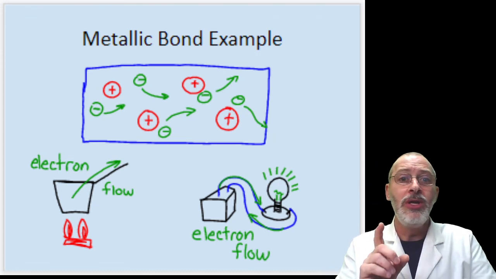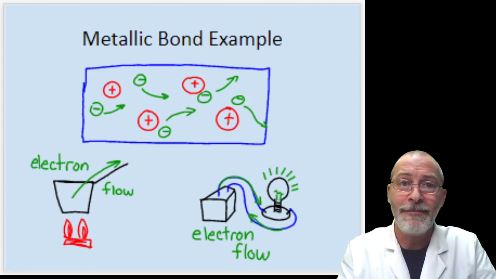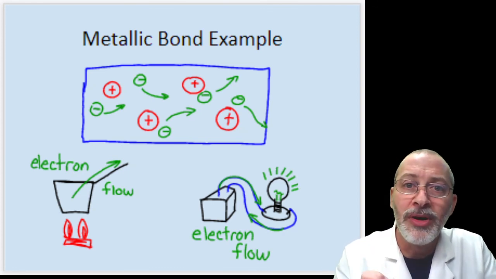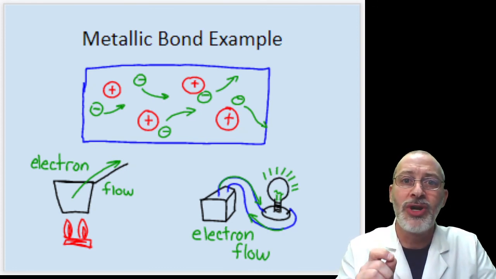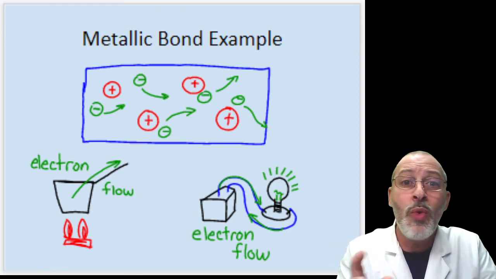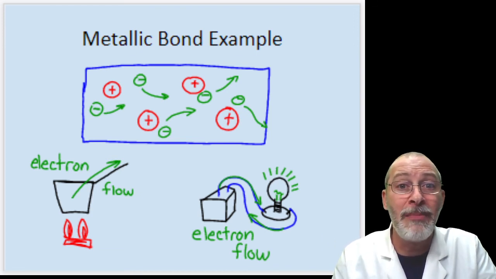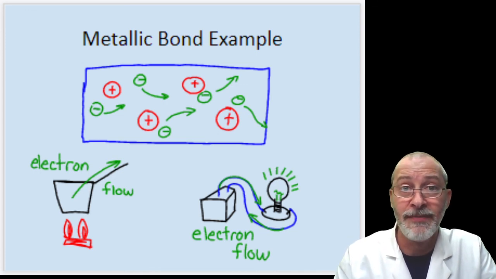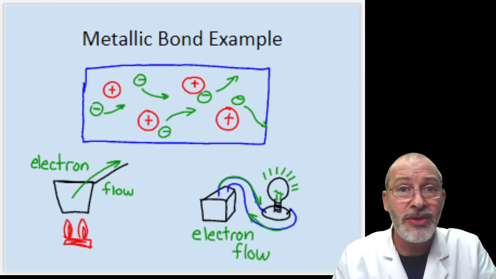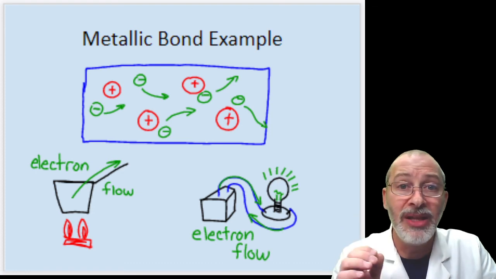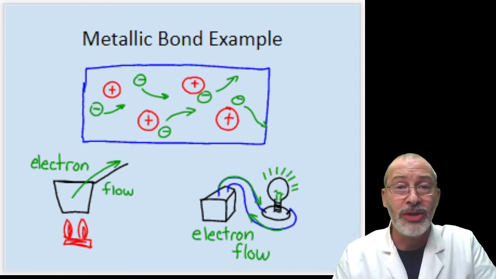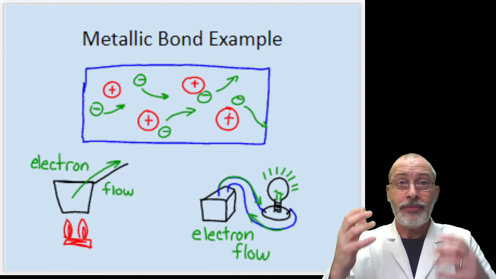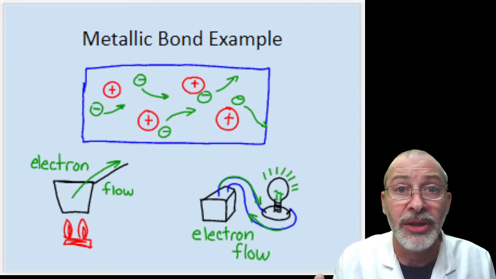I hope you've been able to see today how vitally important the valence electrons are in any one of these three types of atomic bonds that can take place between substances. Valence electrons are essential in achieving the ultimate goal of stability.